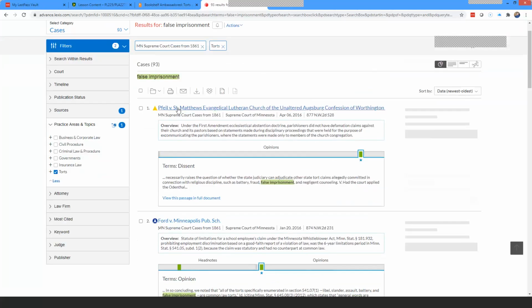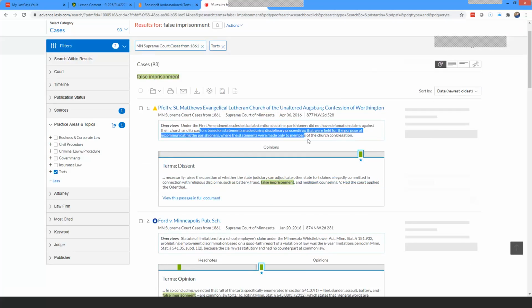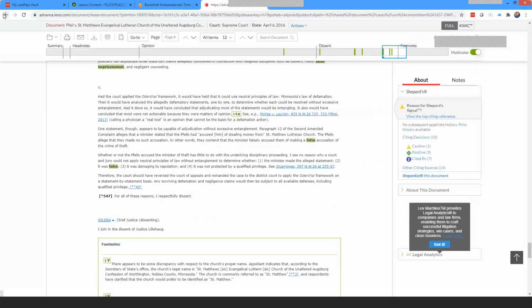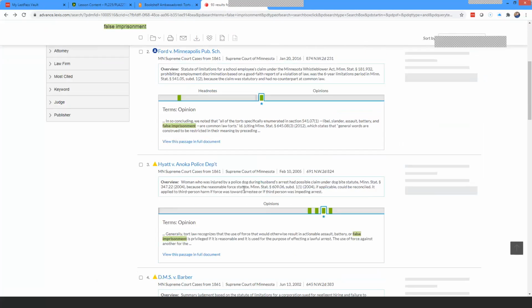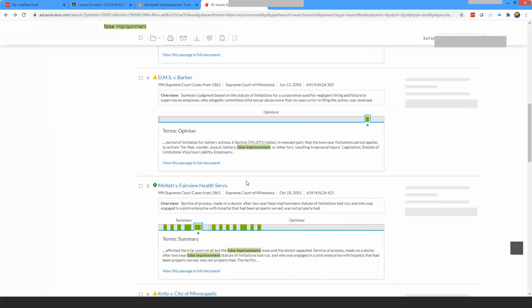And this one is kind of a silly electronic thing. It's in a dissent, and the case is not basically about false imprisonment, so not very usable. This one, not very usable. Not very usable. So it's kind of like a hunt and peck job here, trying to find things.